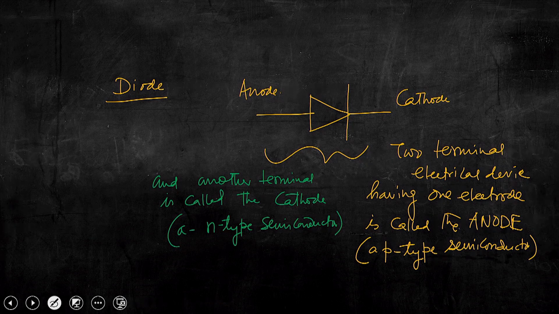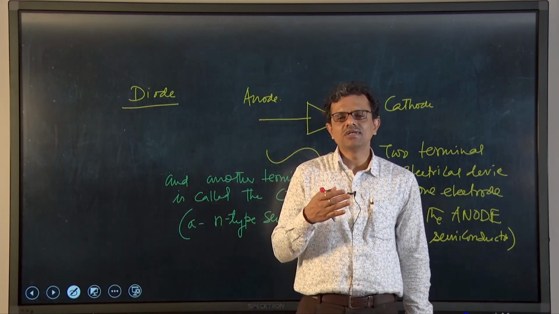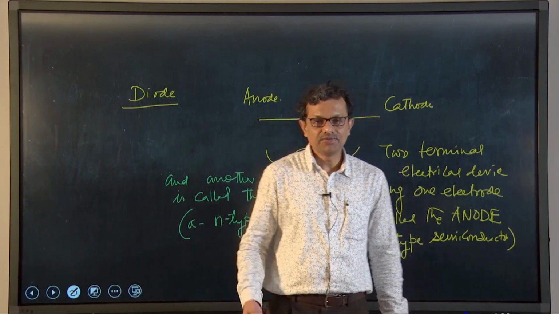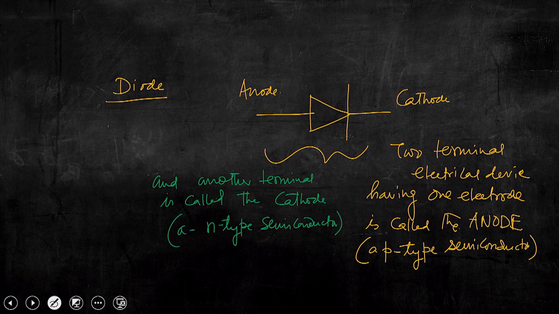So, as I told you, these devices act like a one way valve, that means it will allow current to flow in only one direction. Now, depending on the bias, the polarity of voltage across the anode and cathode, we can classify this again. So, let us briefly discuss about these two.